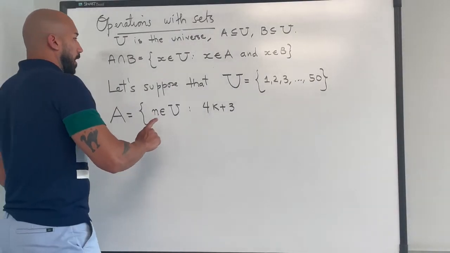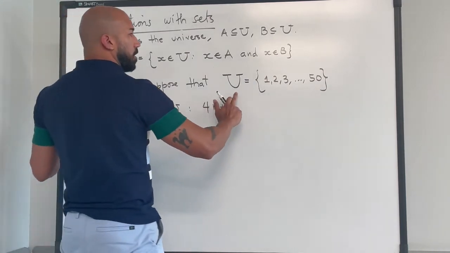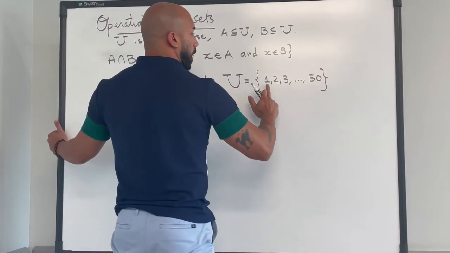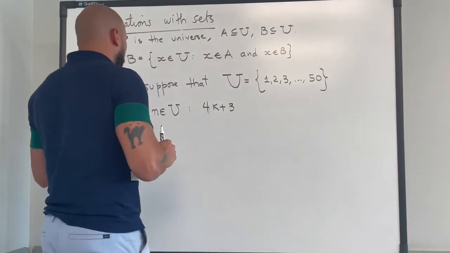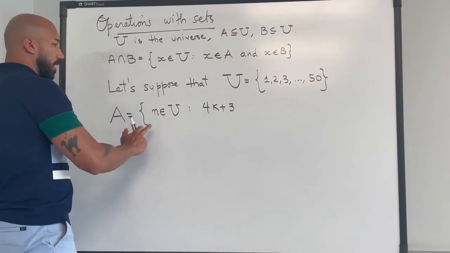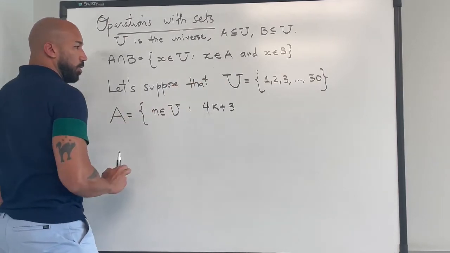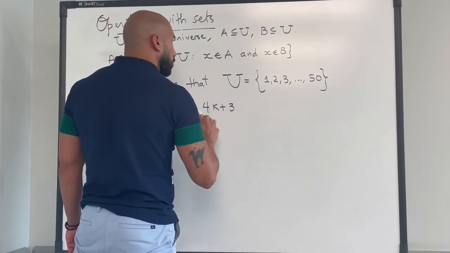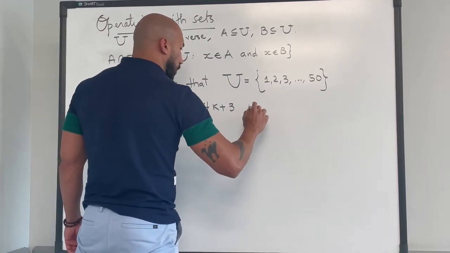Suppose now that U, the universe, is again the natural numbers, but now we are going from 1 to 50, and A is going to be the set whose elements are those in the universe whose remainder in division by 4 is 3.